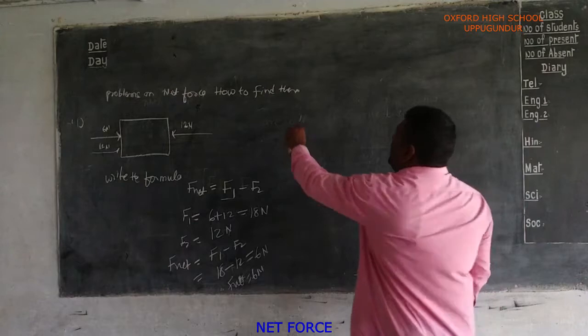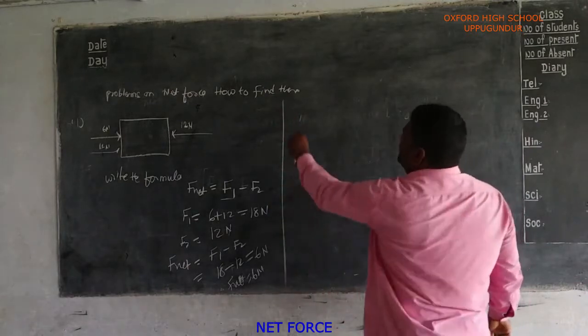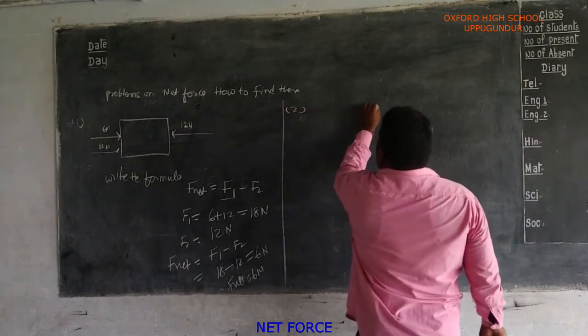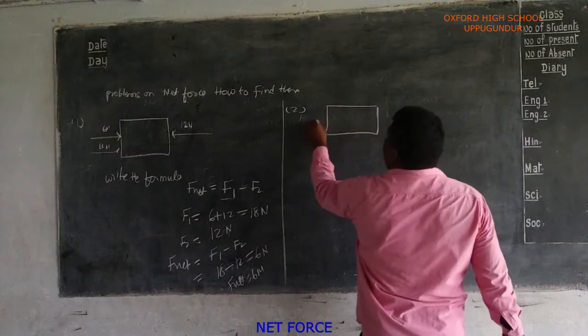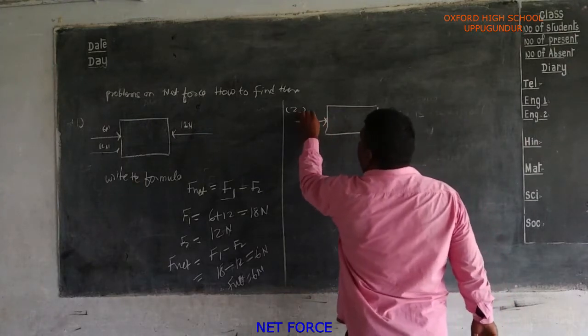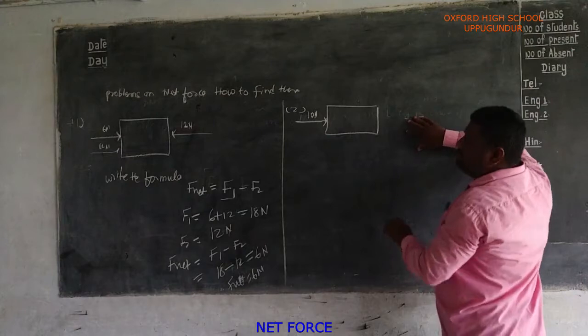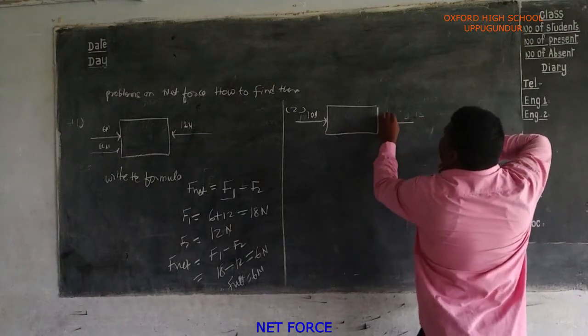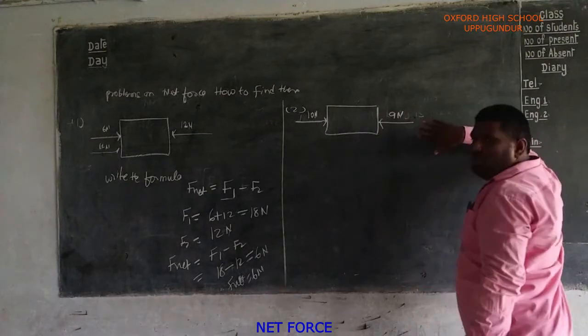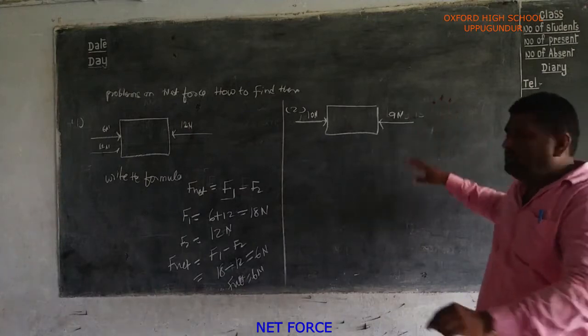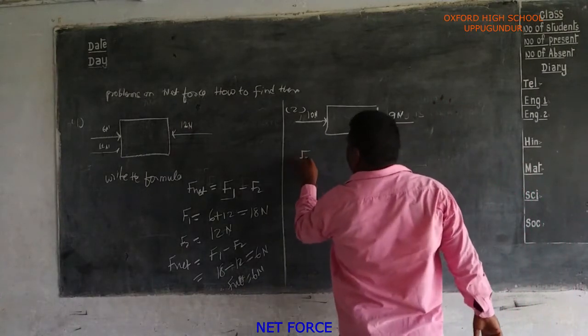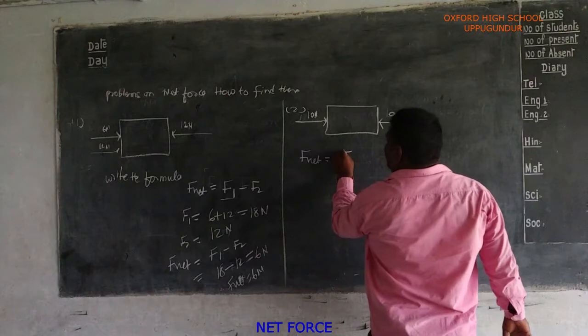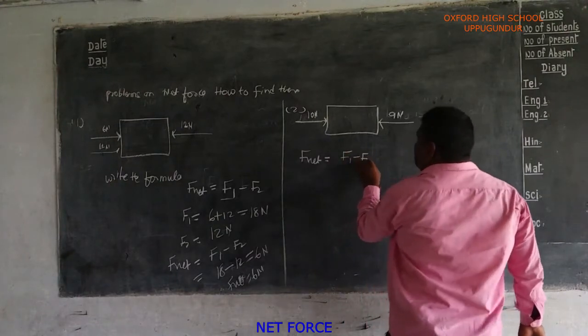Again, we do another problem. Second problem: it is one body. On this side there is 10 newtons, and at the same time on the right side 9 newtons. Now find the net force. Net force is equal to F1 minus F2.